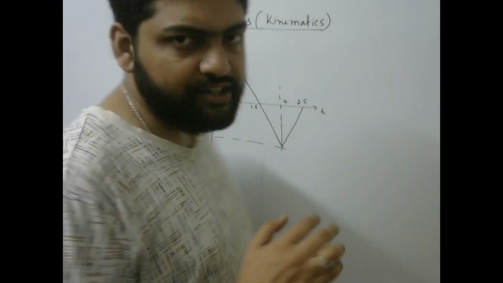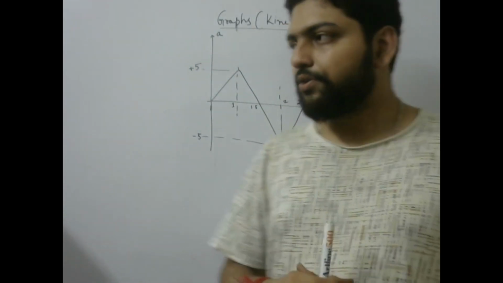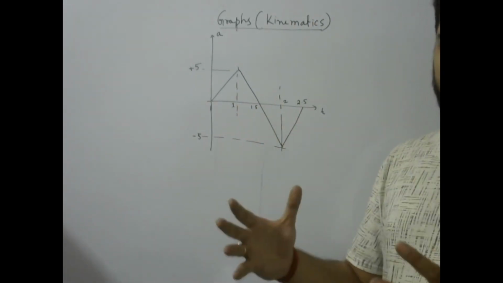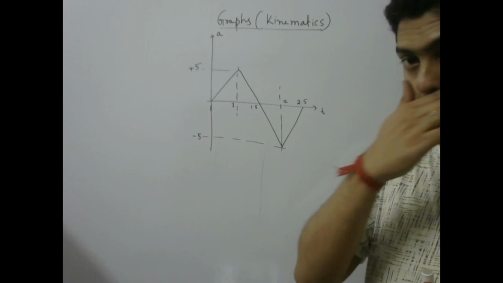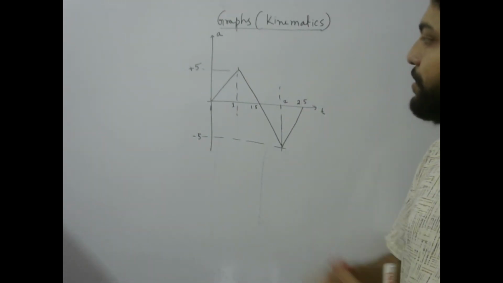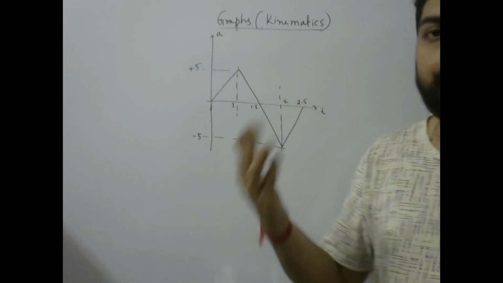Now from the acceleration time graph, what are the physical quantities that we can calculate? The area under the acceleration time graph gives you the change in velocity. And the slope, da by dt, gives you the rate of change of acceleration.